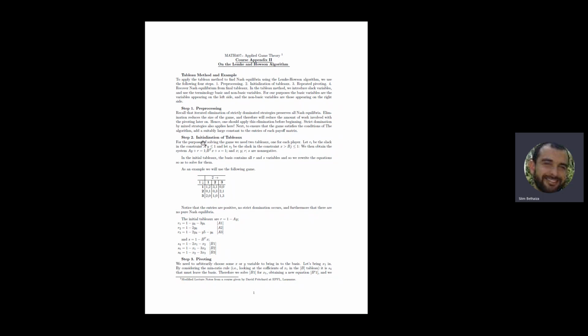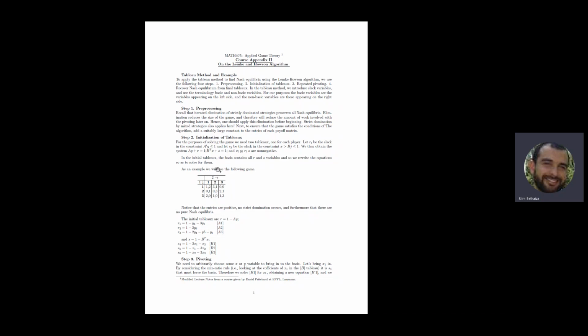Then we need to go to step 2, which is the initialization part. The initialization of the tableau starts from this system where you have AY plus R equals 1 and BTX plus S equals 1. And this is what we developed in the previous video, what we inherited from the dual linear programs.